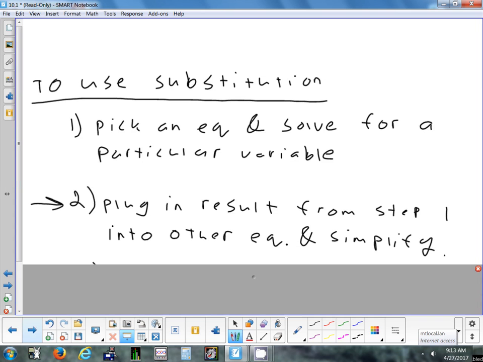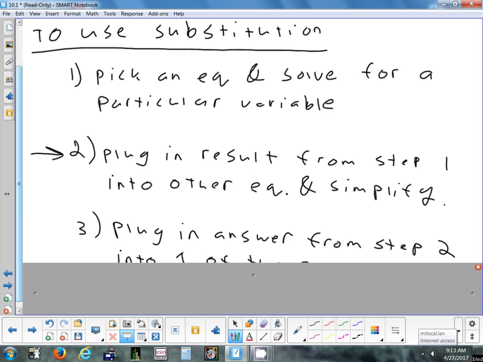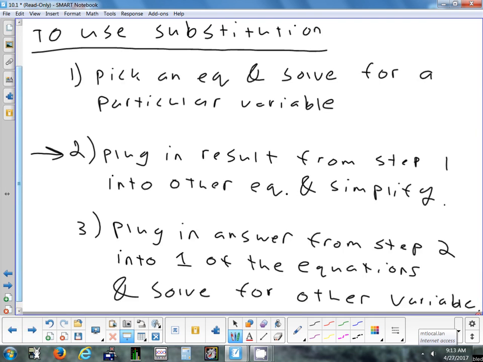At this point, you should know one of your variables, whichever one you solved for. And then what do you have to do after you know one of the variables? Yeah? You plug it back in. Take the answer that you got in step 2, plug it back in, and get the other variable.